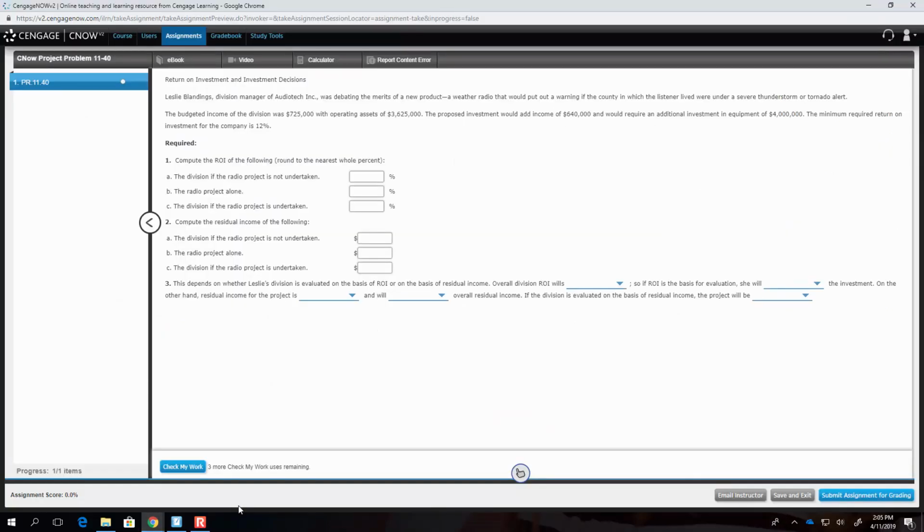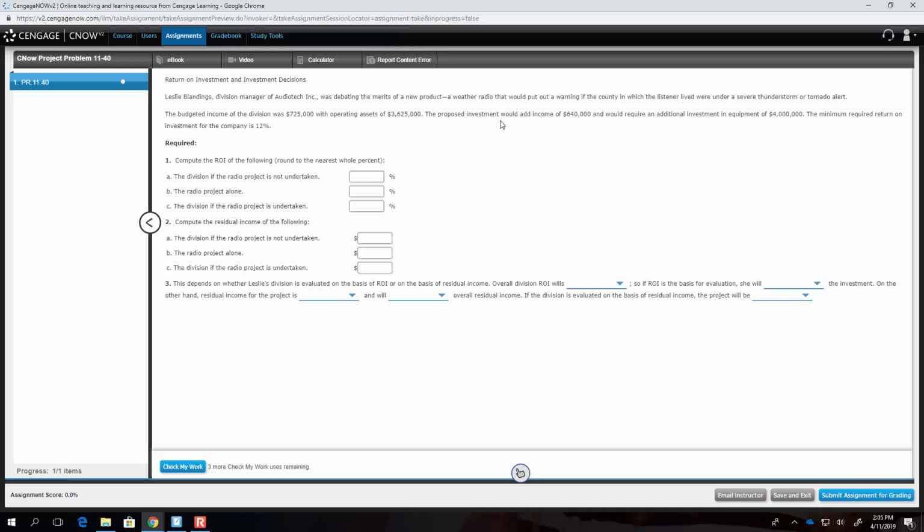All right. For our project here, it's very similar to problem 42 in that we've got to compute ROIs under 3 different scenarios. The division without doing the project, which is our radio project, just the radio project itself, and then if the radio project is undertaken. So you will use these. They first had $725,000 of income with operating assets of $3.6 million.